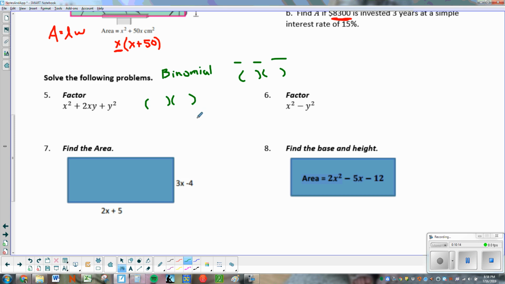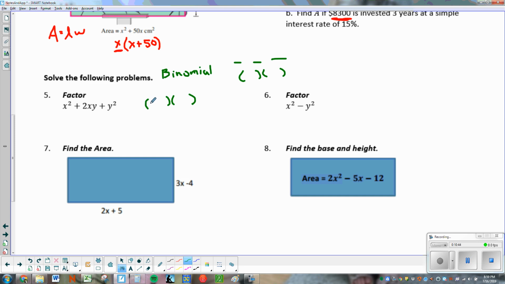This is the best way that I can approach this problem with the skills that we have. We could try bottoms up and that would be okay, but we don't really have A's and C's and things like that. It's a little bit difficult to think of it that way because technically here my C is y squared, so that's a little bit tough.